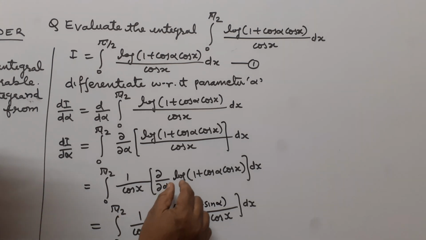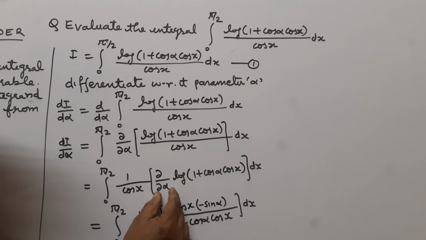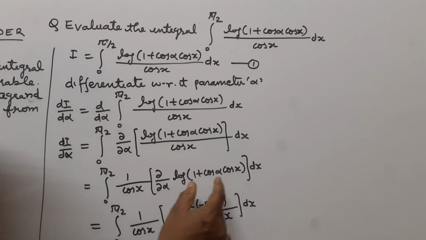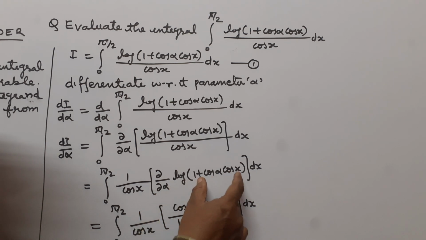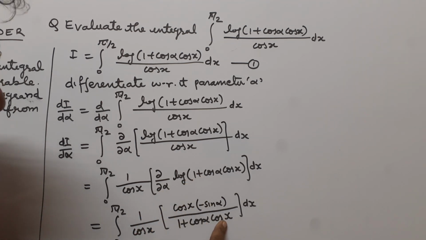Here we differentiate log of 1 plus cos alpha into cos x partially with respect to alpha. The differentiation is 1 upon 1 plus cos alpha multiplied by cos x.